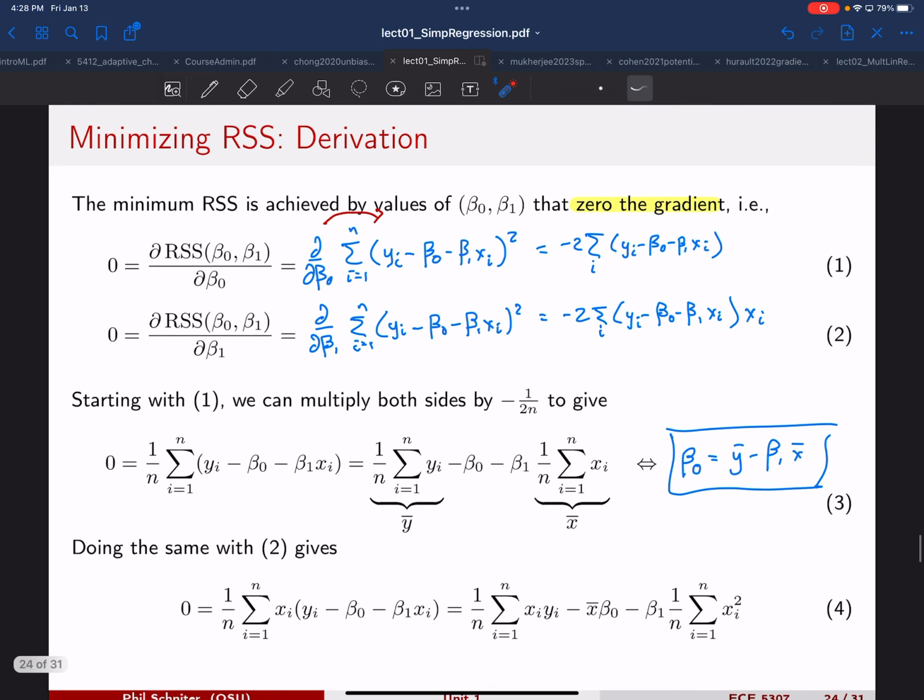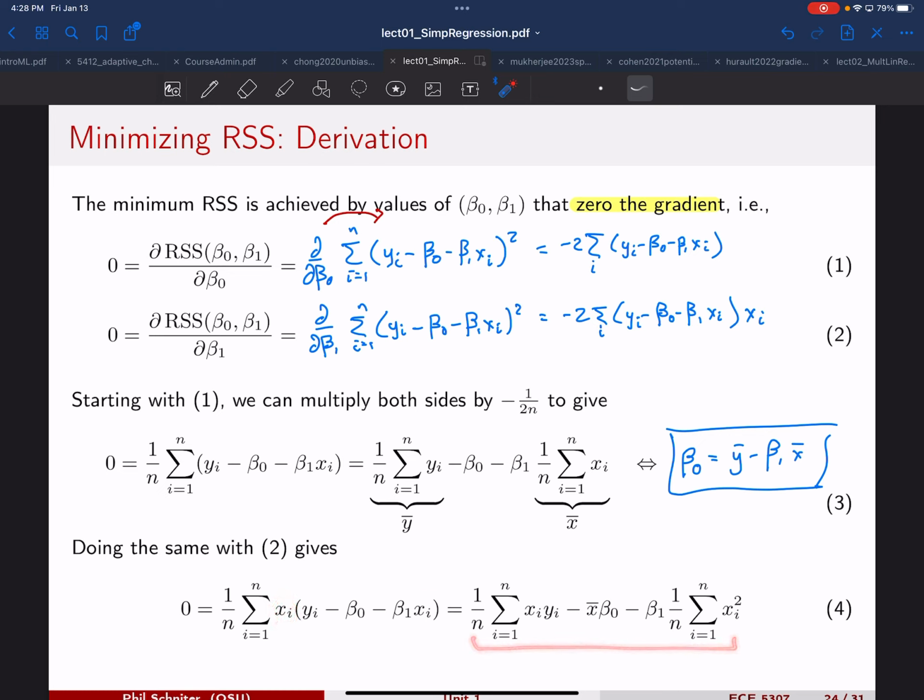But we can do the same approach, where we split this into 3 separate sums. So we're going to have the average of xi yi. Then we're going to have the average of xi times minus beta 0. And finally, we have minus beta 1 times the average of xi. Oh, actually, this is where we're going to get an xi squared.